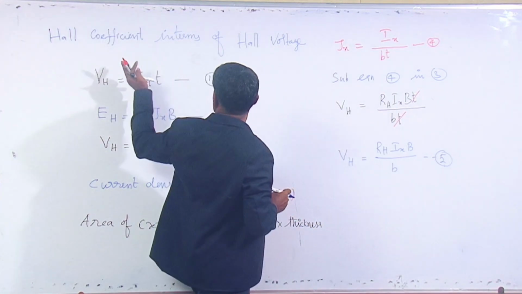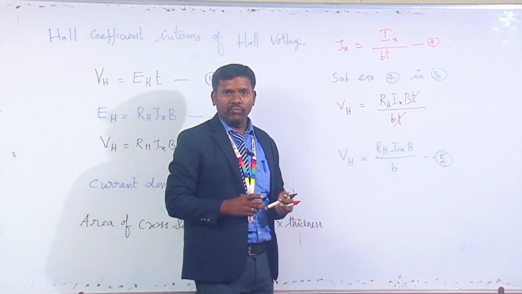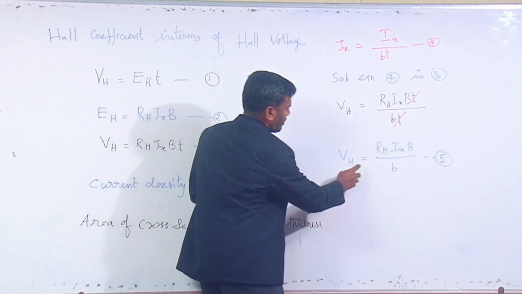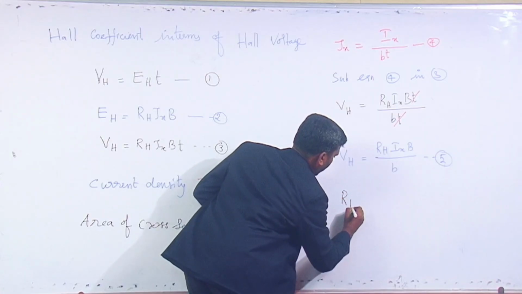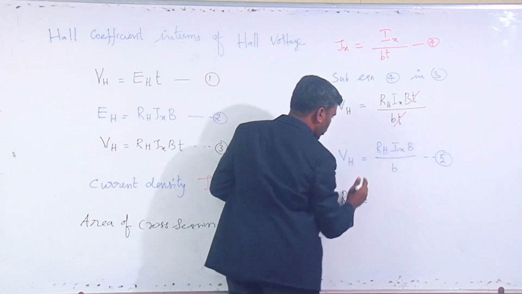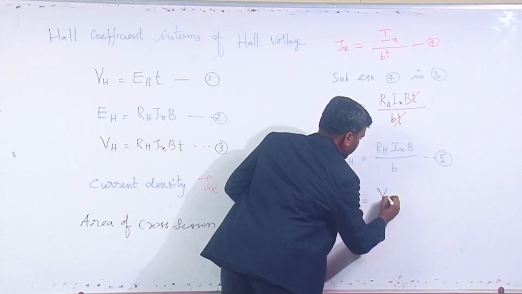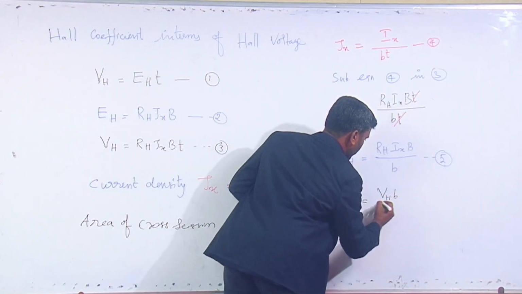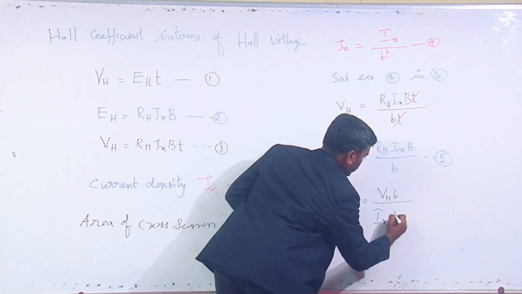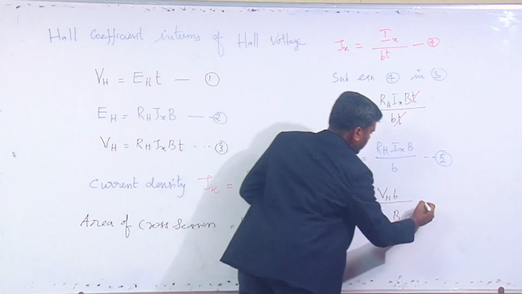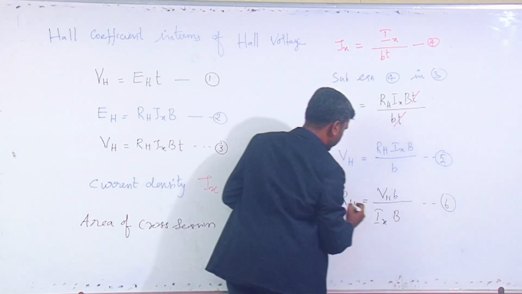Now we have to find Hall coefficient in terms of Hall voltage. From this equation you can write the Hall coefficient RH is equal to VH into small b divided by Ix into capital B. This is equation number 6.